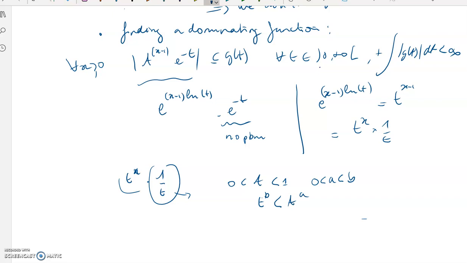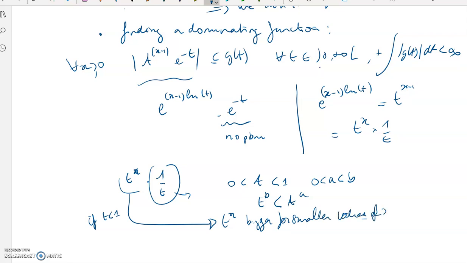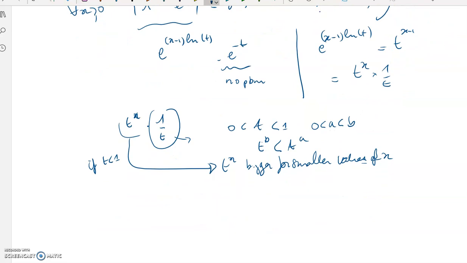What I want you to realize is that t to the x, if t is smaller than 1, is going to be bigger for smaller values of x. Okay, and what is the smallest value of x?